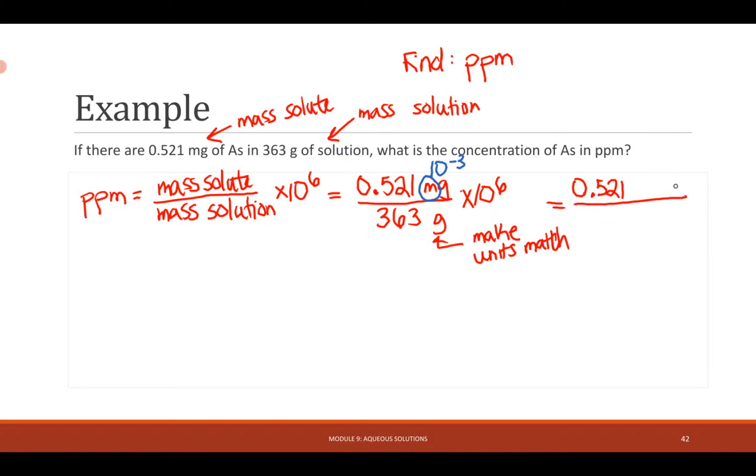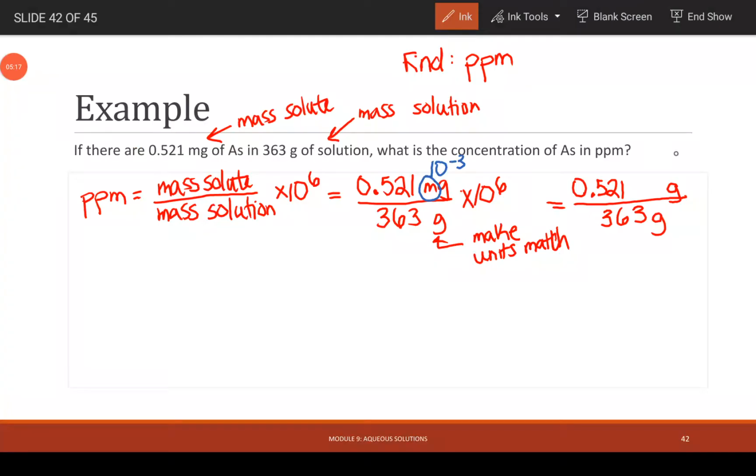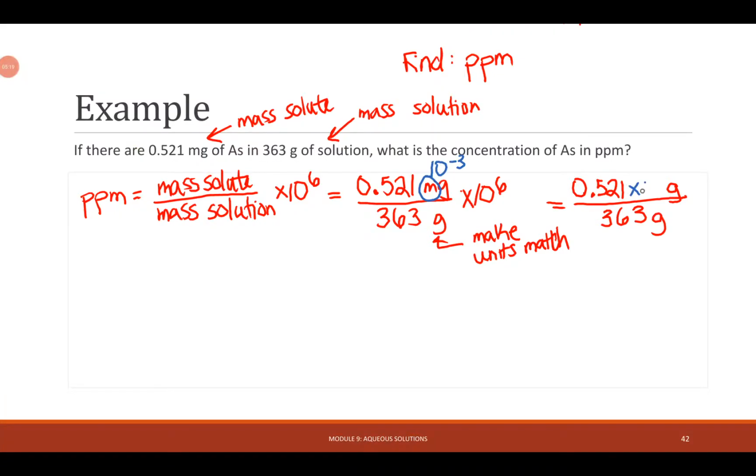I'm going to just leave a space so I can shove that in there. So I'm going to plug in my prefix letter for that. Now my units match. I have grams over grams. I have to remember to still include my 10 to the minus 6. Now that we have these exponents, I can simplify.